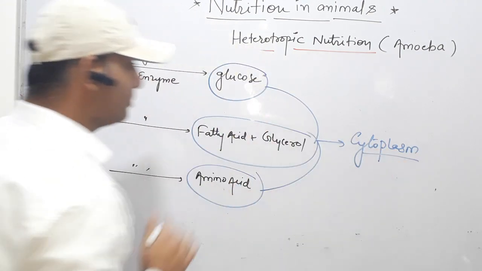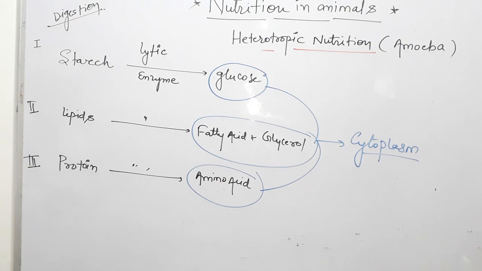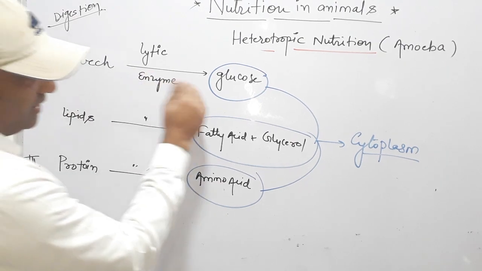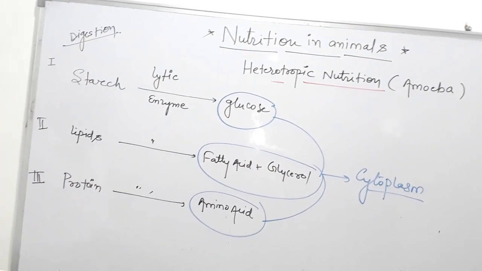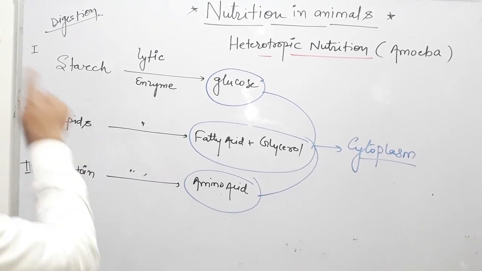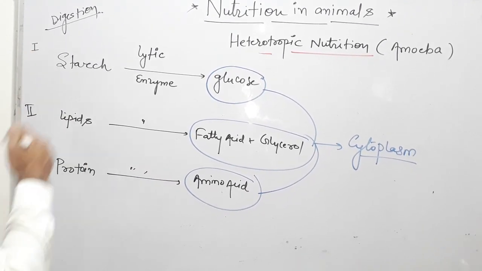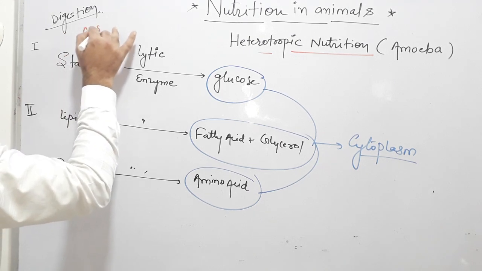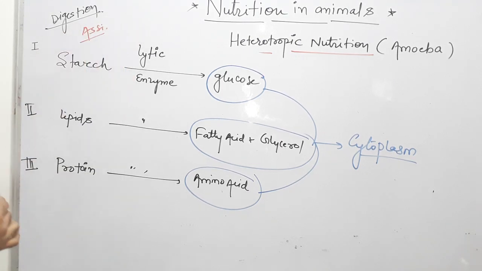So it is called absorption. When they convert into simpler food and then transfer into the cytoplasm, it is called absorption. After the absorption, the equation related to assimilation. Now in assimilation, all the equations are inverted.